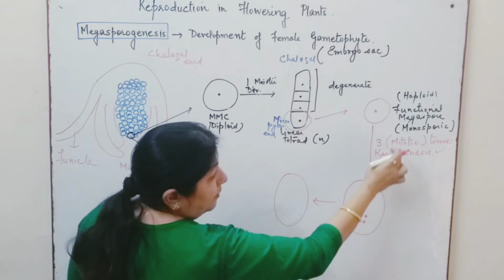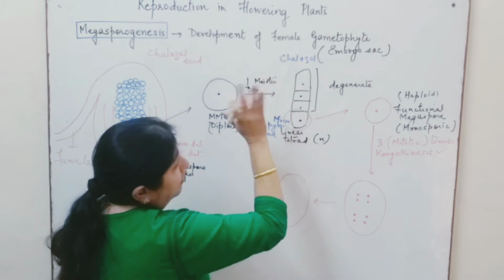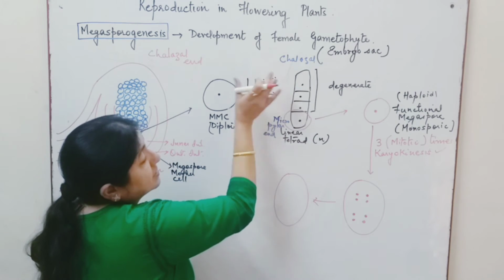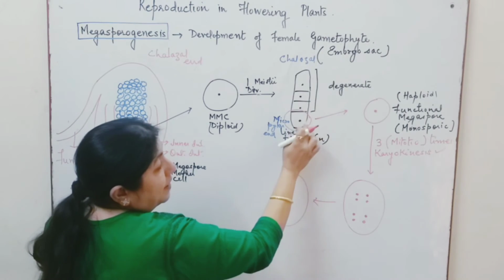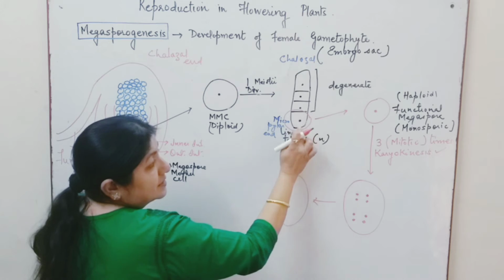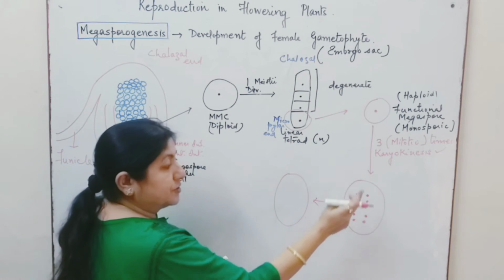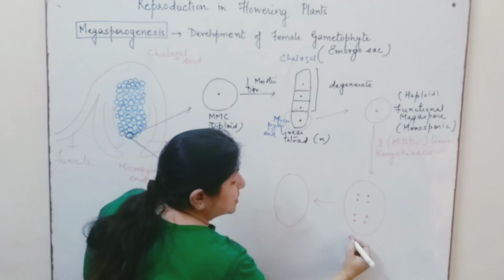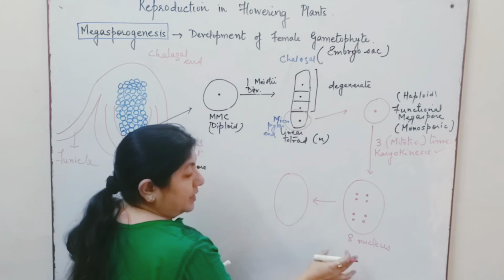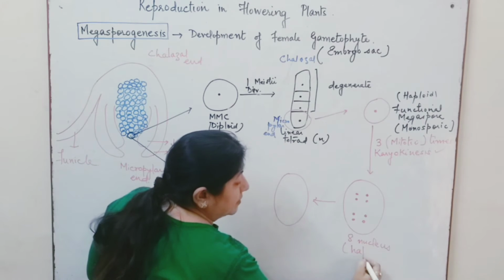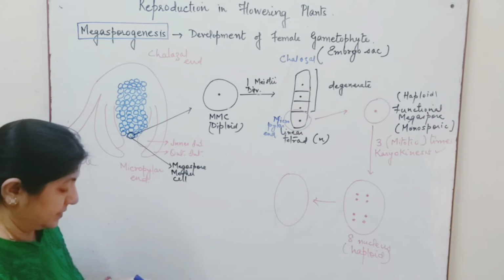These are all haploid: the meiotic division has already reduced the diploid condition to haploid, and the one functional megaspore undergoes 3 mitotic divisions to form 8 nuclei. These 8 nuclei are haploid in nature, and no cytokinesis has taken place.